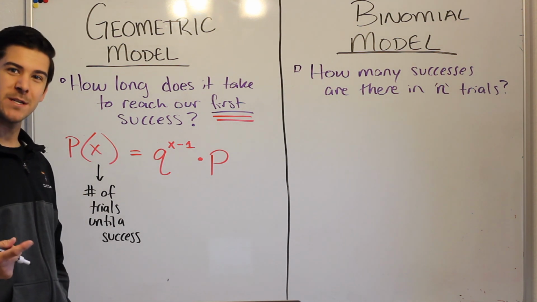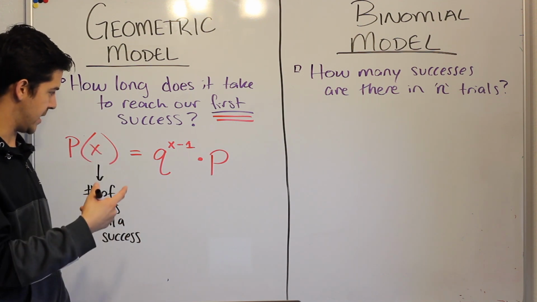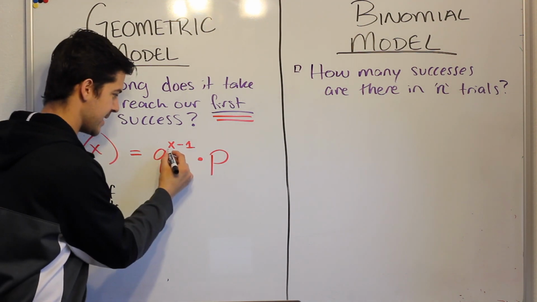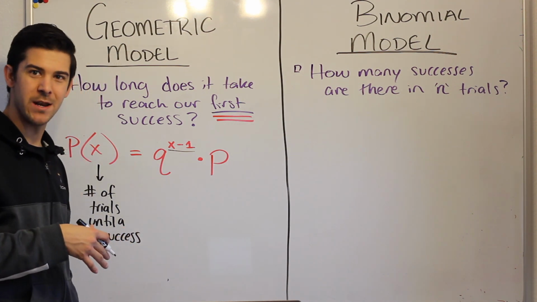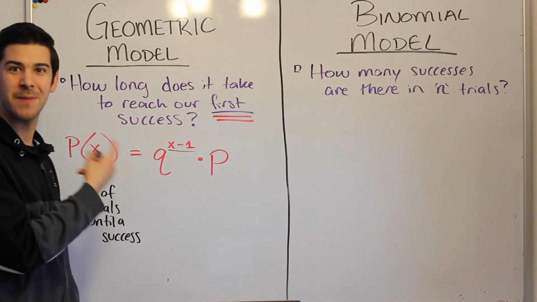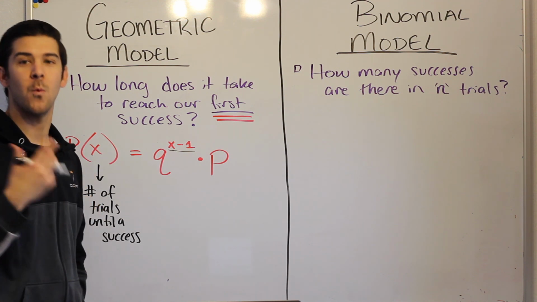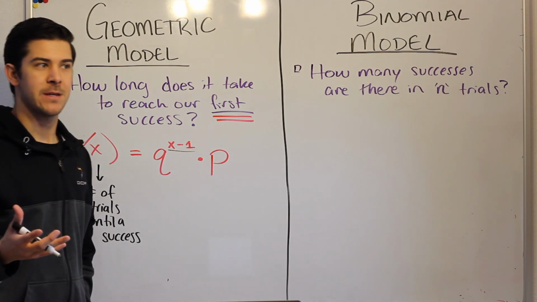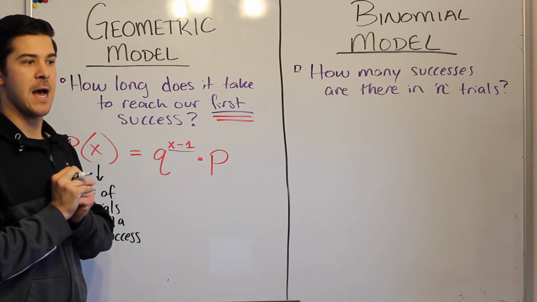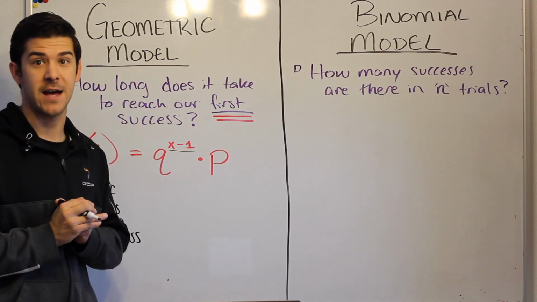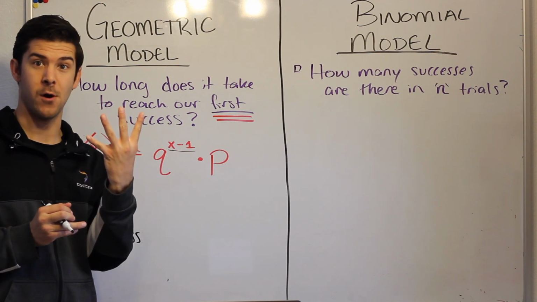Now, the confusing part of this whole equation is the exponent here. Why is it x minus 1? Why would it be my 5 shots minus 1? Well, if we think about it, if I wanted to take 5 basketball shots and I wanted to make my first one on the 5th time, I would need to miss 4.